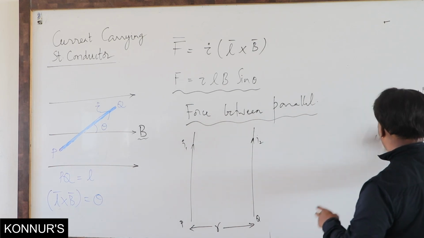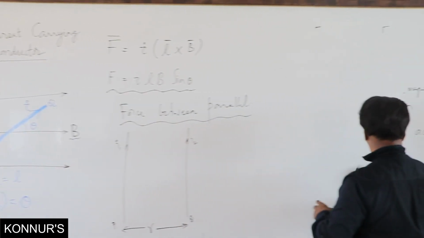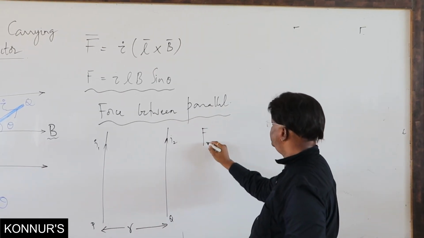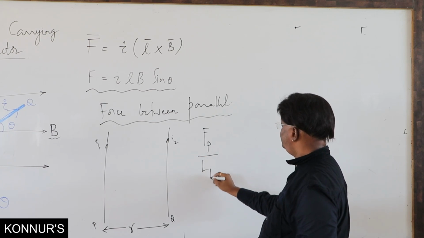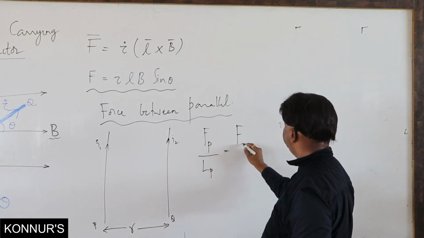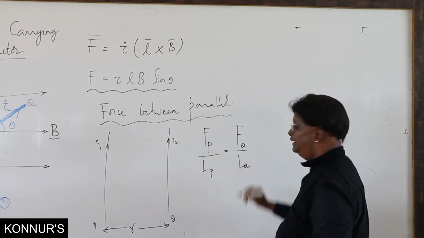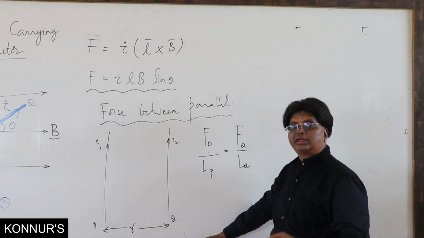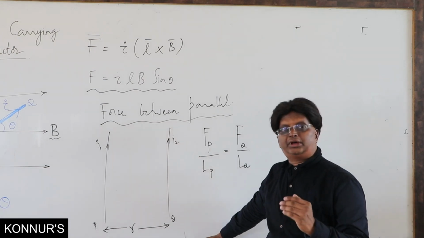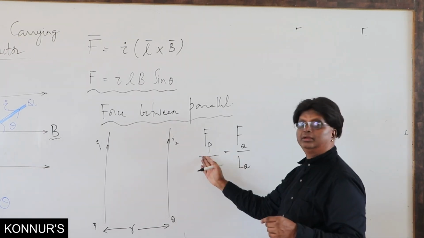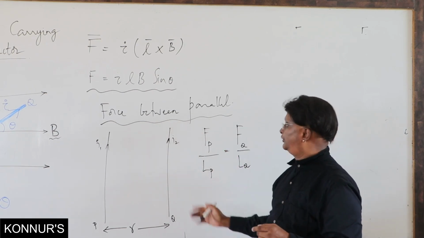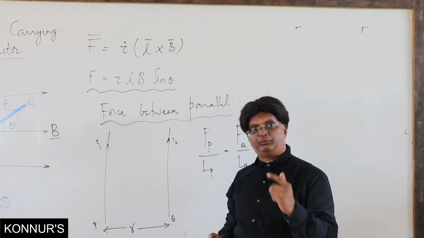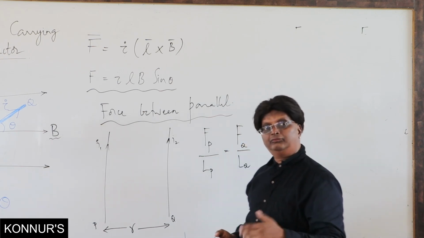Now what is that force we are now writing? When I am writing, look at this expression carefully. Force on P by length of P equal to force on Q upon length of Q. This is now, we are not writing the total force acting on the conductor. We are writing an expression for force acting per unit length, and that will be same. Because here you see, supposing these are of different lengths, then always remember the one with higher length will experience more force.